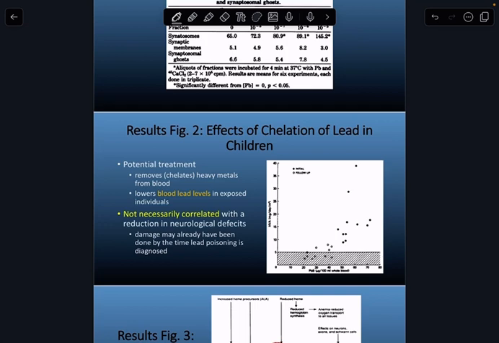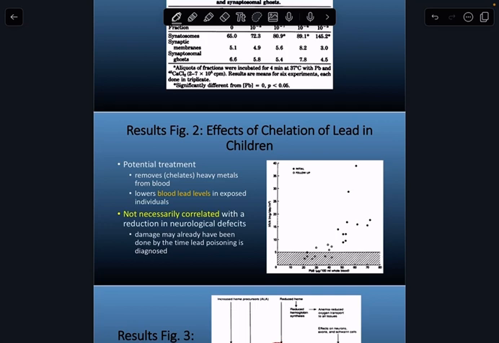So this is a study of children who underwent chelation therapy. This is the lead level in their blood at initial diagnosis, and then follow-up after chelation treatment.